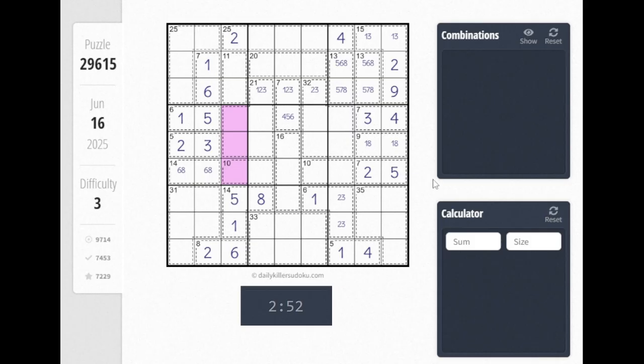And that makes this a 4, 7, 9. Which then turns this into a 3, 8. And once again, things just sort of starting to fall into place here. 5, 7, 9. Let's see, that's 6, 8, 7, 9, 4.